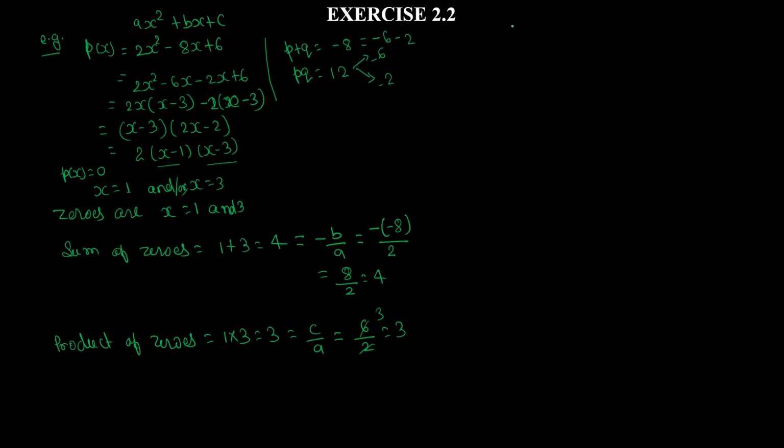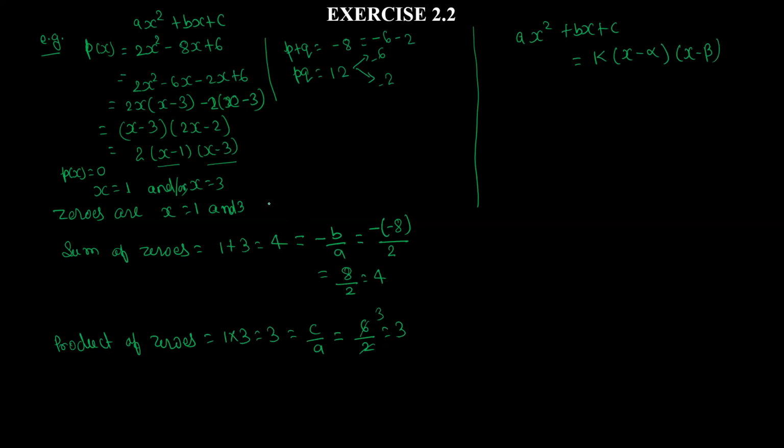Generally, if we have a quadratic polynomial ax squared plus bx plus c, and alpha and beta are the zeros, it can be written as k into x minus alpha into x minus beta.